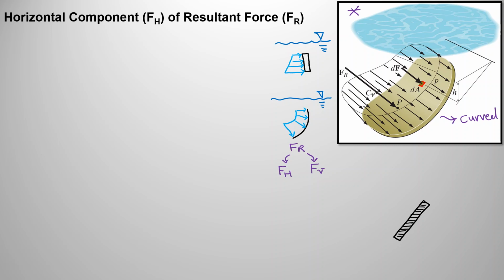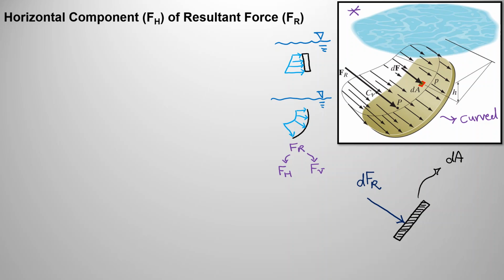So the area of that would be dA, and the force on top of it, the resultant force, would be perpendicular to it, and it would be dFr, right?